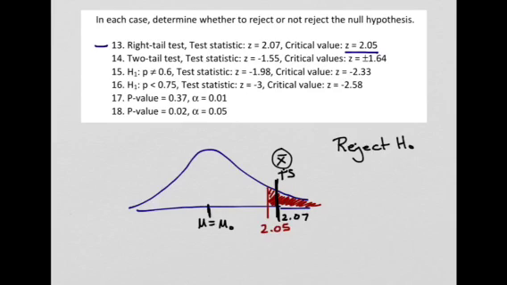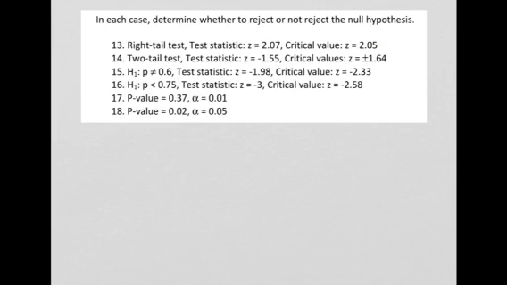So now let's take a look at number 14. In number 14, we're doing a two-tail test. The test statistic is z equals negative 1.55, and the critical values are plus and minus 1.64.